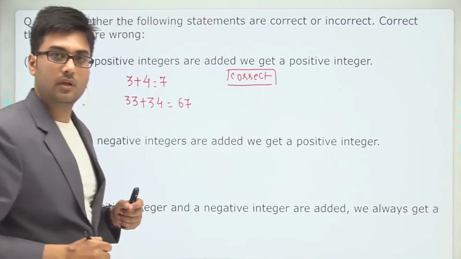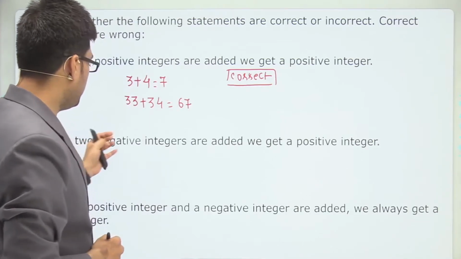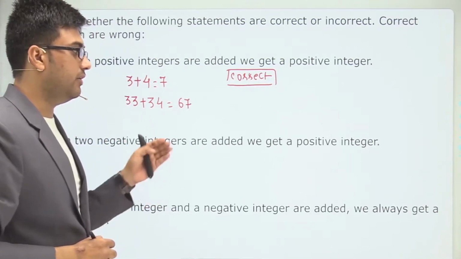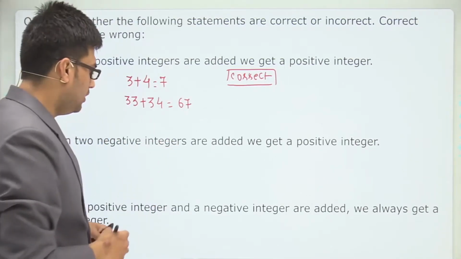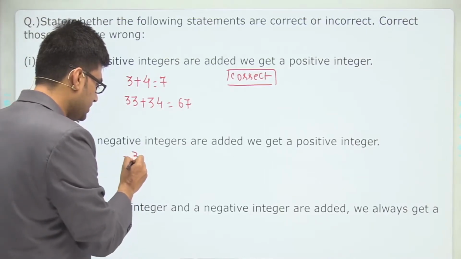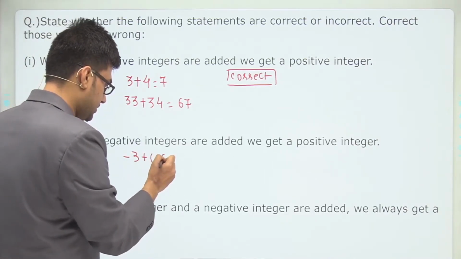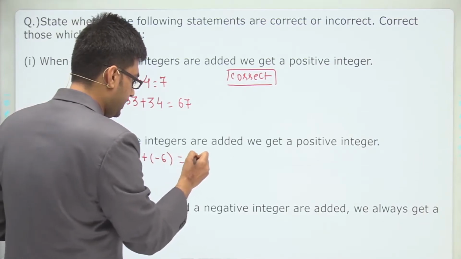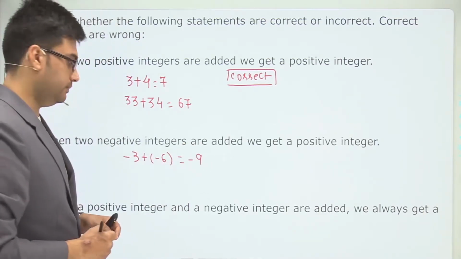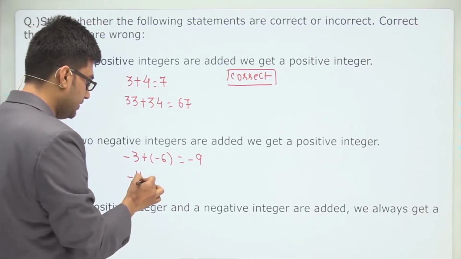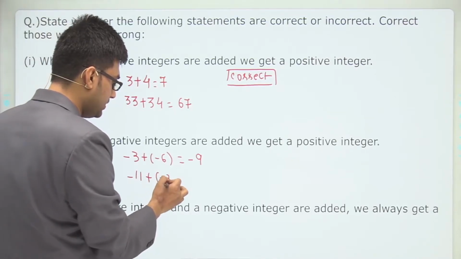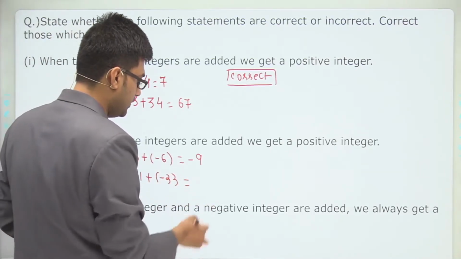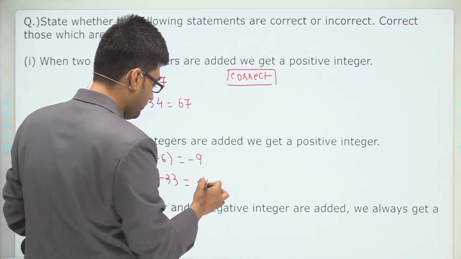Clear? Now the next is: when two negative integers are added, we get a positive integer. So students, when we add minus 3 plus minus 6, we get minus 9. Similarly, minus 11 plus minus 33 is equal to minus 44.